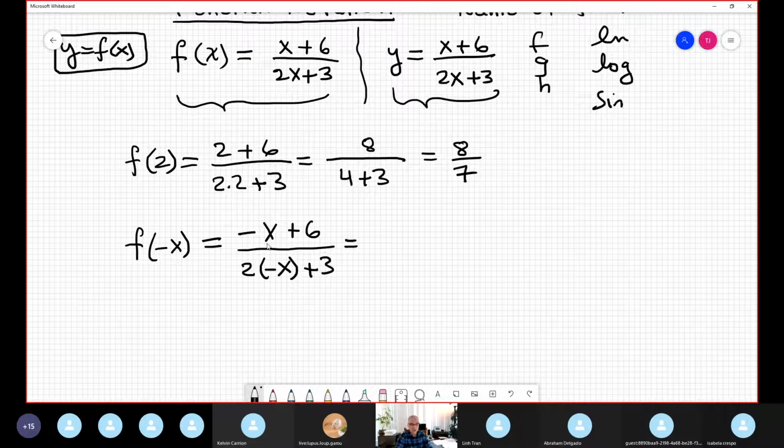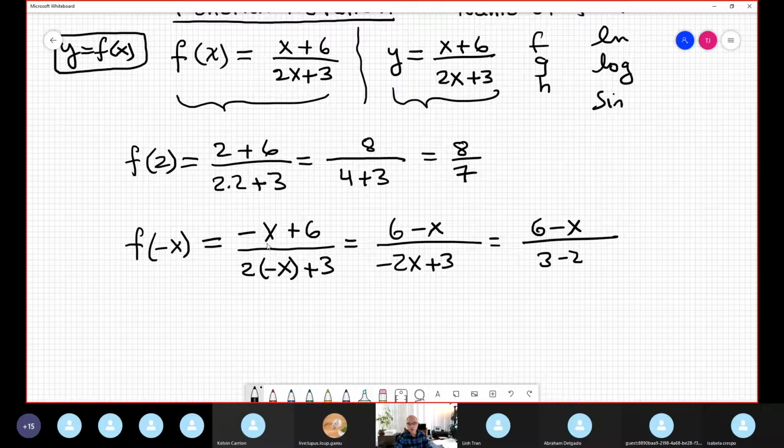And leave it like that? No, it's so ugly. 6 minus x is much better, you put the positive first. And this is minus 2x plus 3, or you write 6 minus x over 3 minus 2x. And this is the reflection of the original.